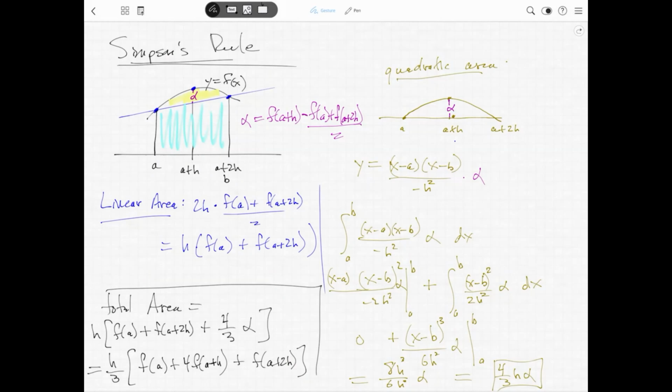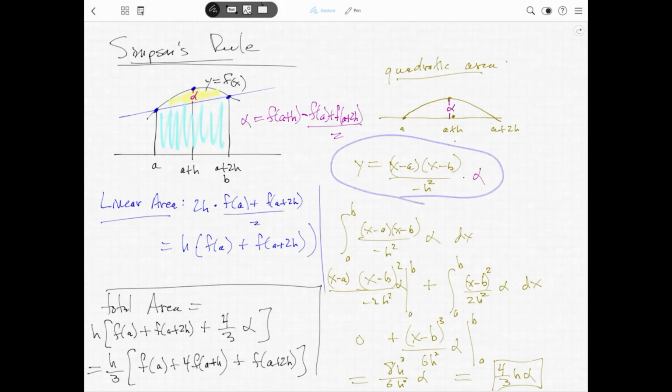If you have a parabola that has the same height at the center point, it's going to have the same area. So I've just flattened it out, and we can assume that yellow curve is simply this.